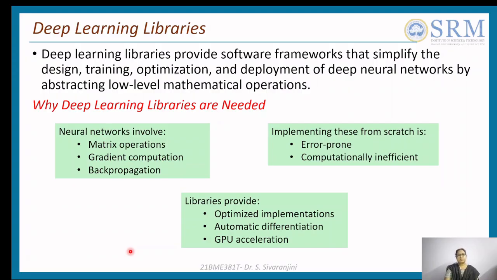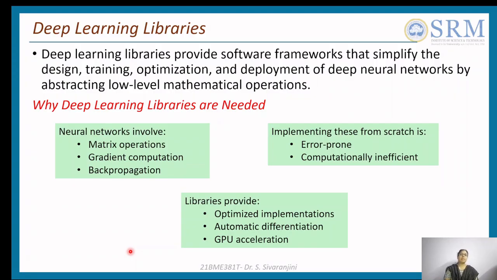So what can we do? You cannot keep writing the code for deep learning models. It goes on for pages, with so much mathematical and computational involvement. So in order to simplify this, we have the deep learning libraries. These libraries provide software frameworks.